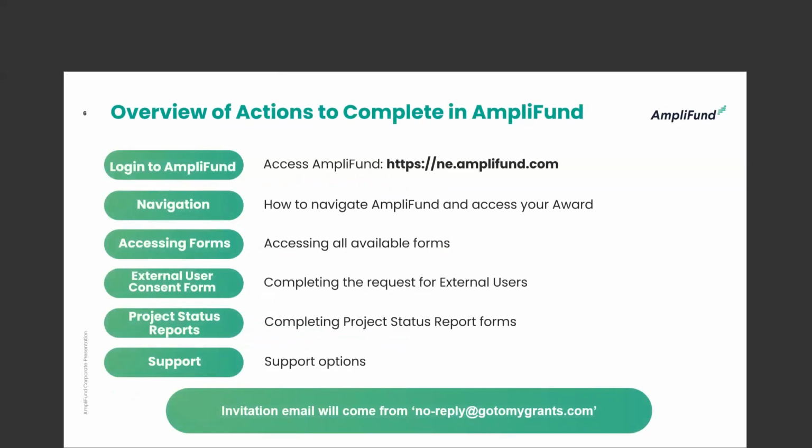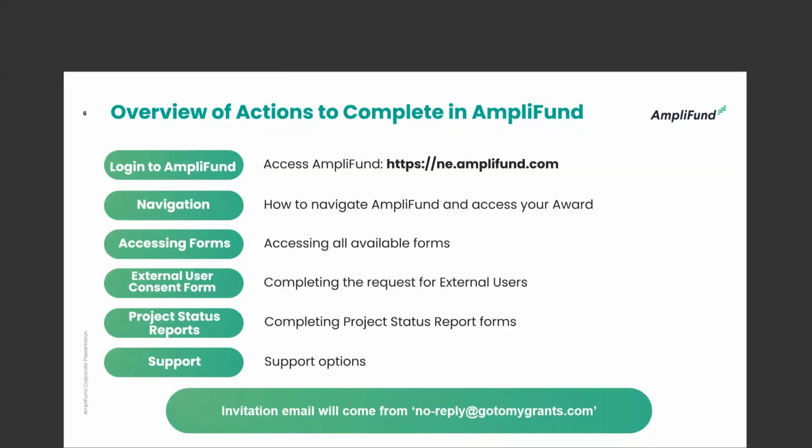All right, let's talk a little bit about navigating in the system and what we're going to be looking at when we get into our demonstration today. So we're going to talk about how to access your award. We've covered this in depth in previous webinars. There's material on the DED support site that walks through this in depth, but pretty much how to navigate through Amplifund, how to get to your award is where we'll get started. Then we want to take a look at how you can access your available forms.